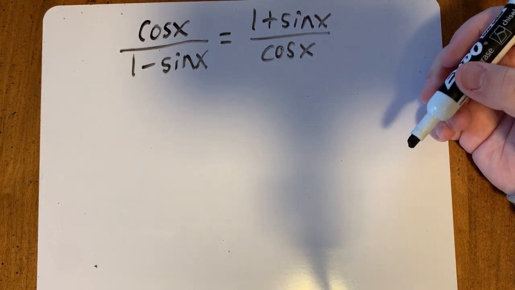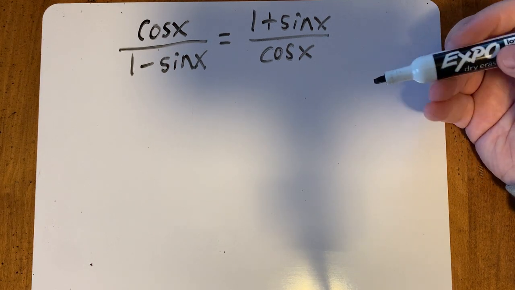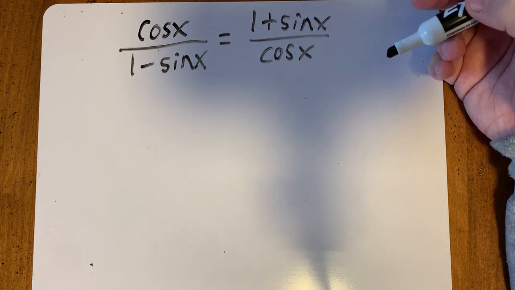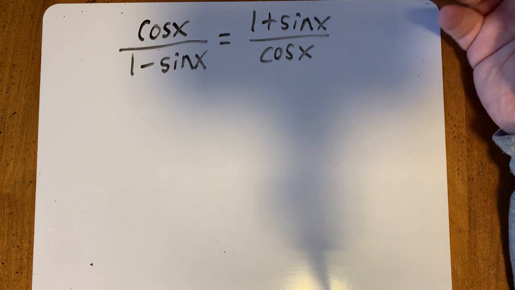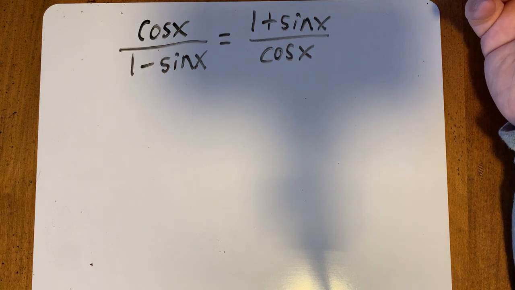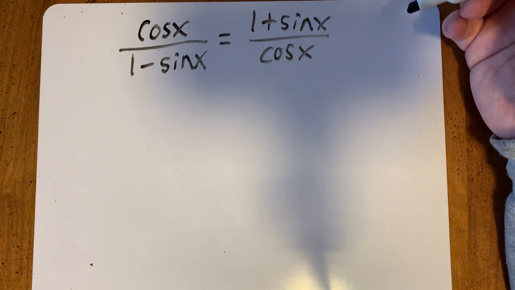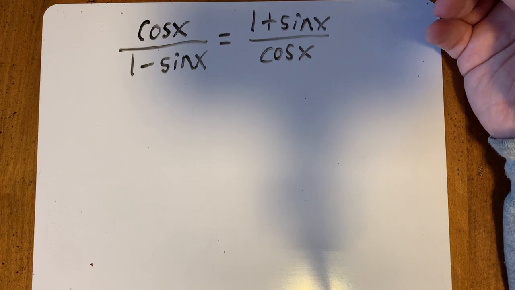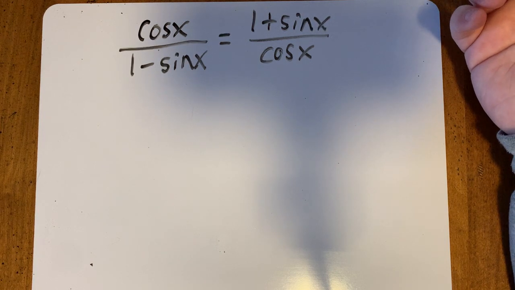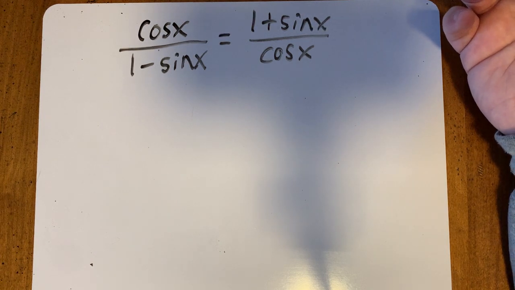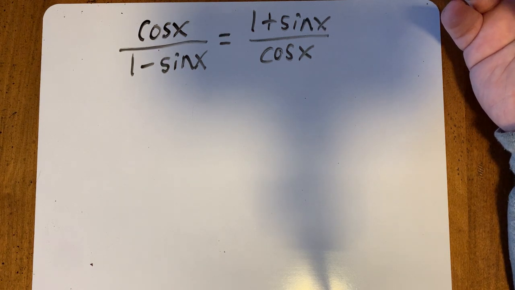So we have all sines and cosines, and we want all sines and cosines. And really the only identity that relates sines and cosines is our Pythagorean identity. Sine squared plus cosine squared equals 1, or the manipulations of it where cosine squared equals 1 minus sine squared and sine squared equals 1 minus cosine squared.